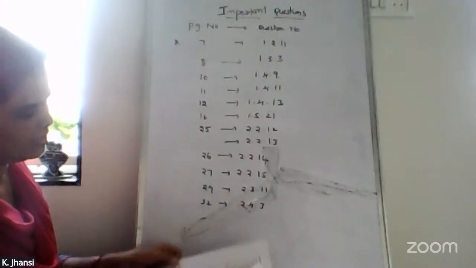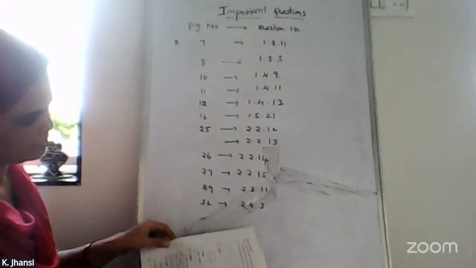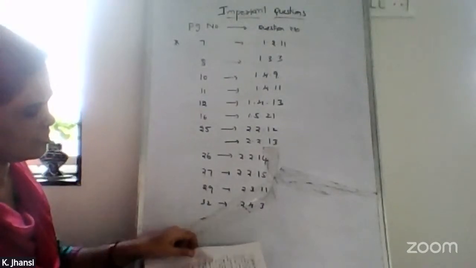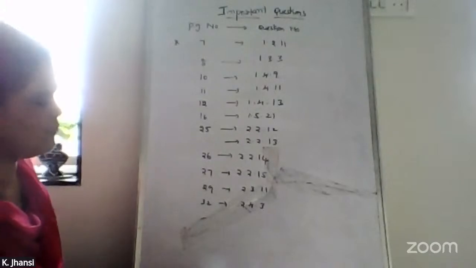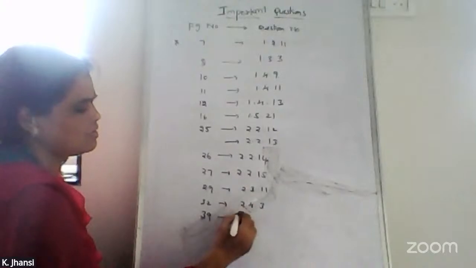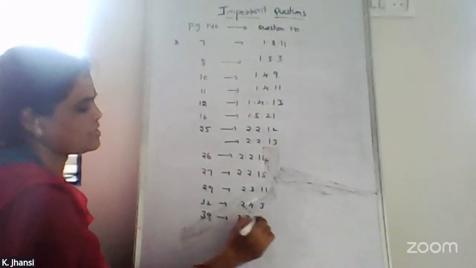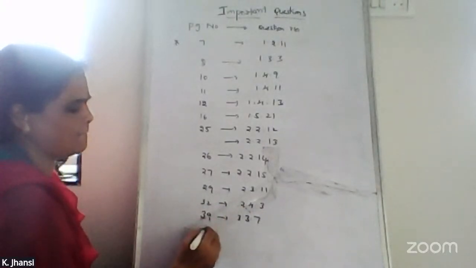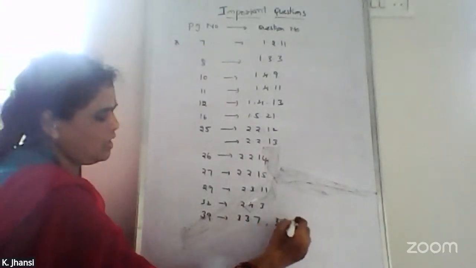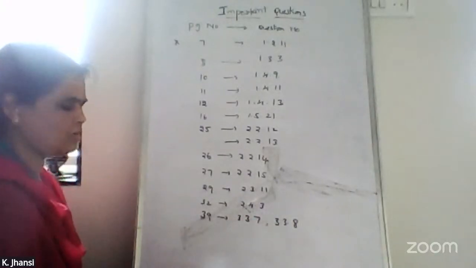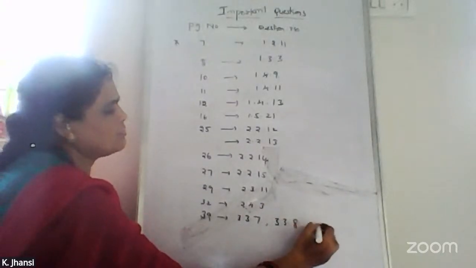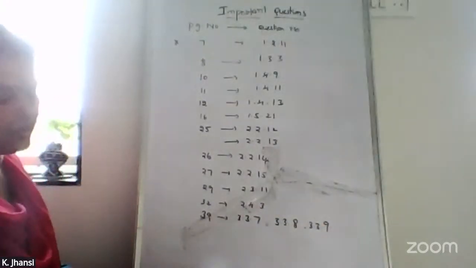Next in third unit. Page number 39, 3.3.7, 3.3.8, 3.3.9.